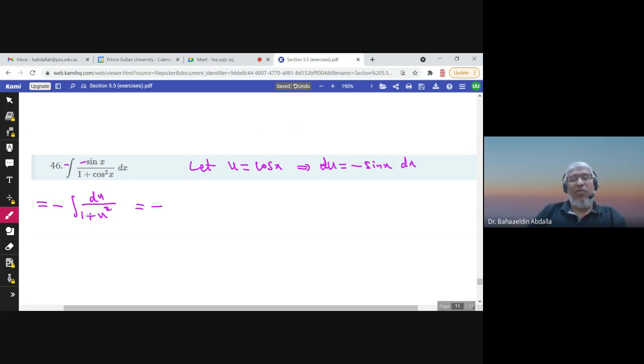And the integral of 1 over 1 plus u square is tan inverse u. So the final answer would be tan inverse cosine x plus c.